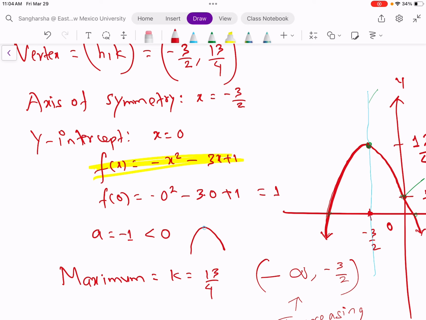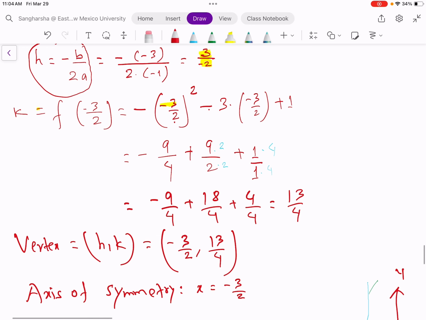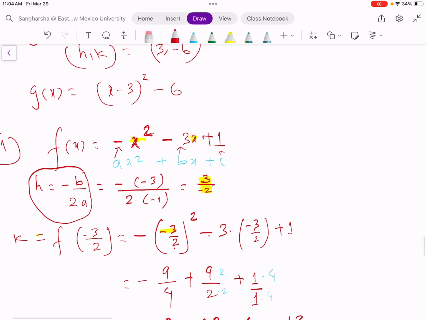So you will be given a quadratic function, similar to this function, and asked to write down what the maximum value is and where you find it. You find the vertex of the function and that gives us the maximum value. So let me find an example here similar to that.